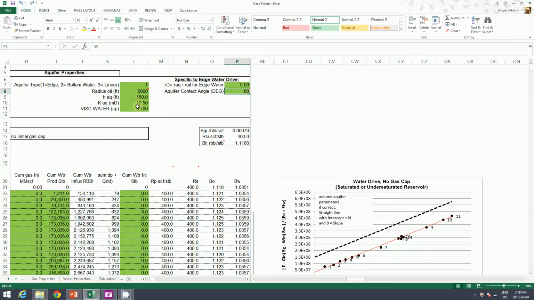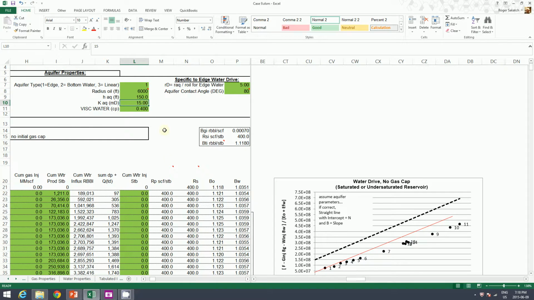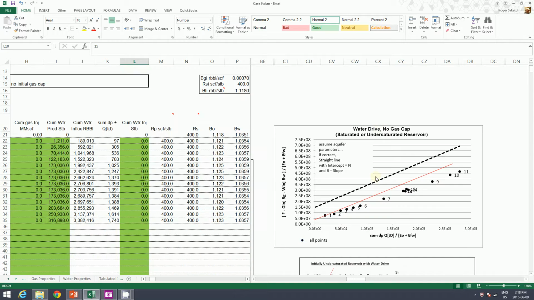We can also change the permeability. I've got it set up right now at 10.5 millidarcies, but maybe we thought initially that it was 15. If I were to take that, we're a little bit off there.